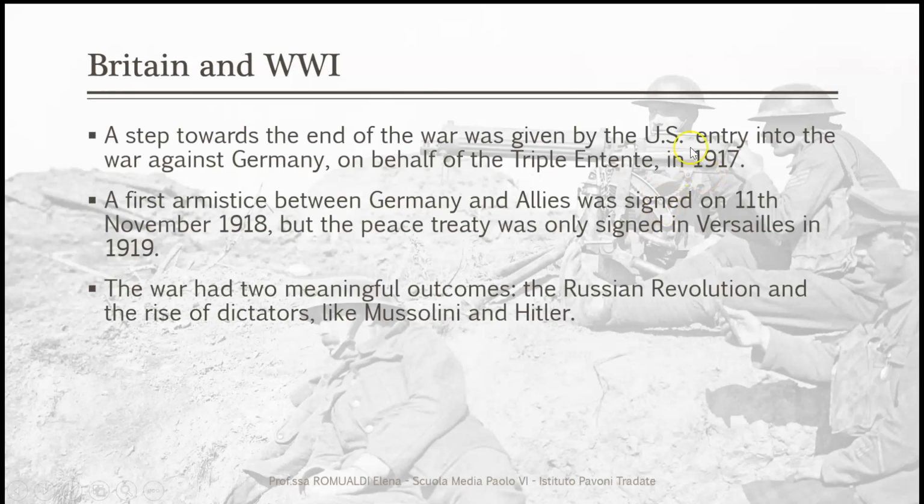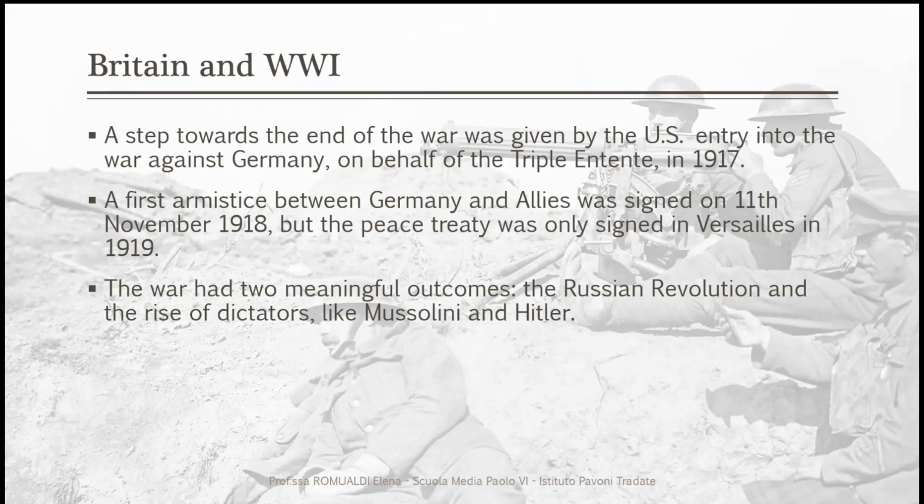But thanks to the entry of the United States of America, a first armistice between Germany and the Allies was signed on November the 11th, 1918. This date is very important because it is remembered as the Remembrance Day, è un po' come il 4 novembre da noi, diciamo. And eventually the peace treaty was signed only in Versailles in 1919.